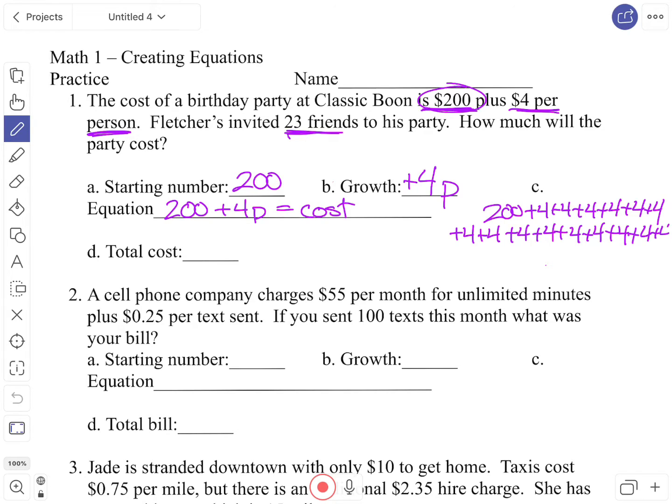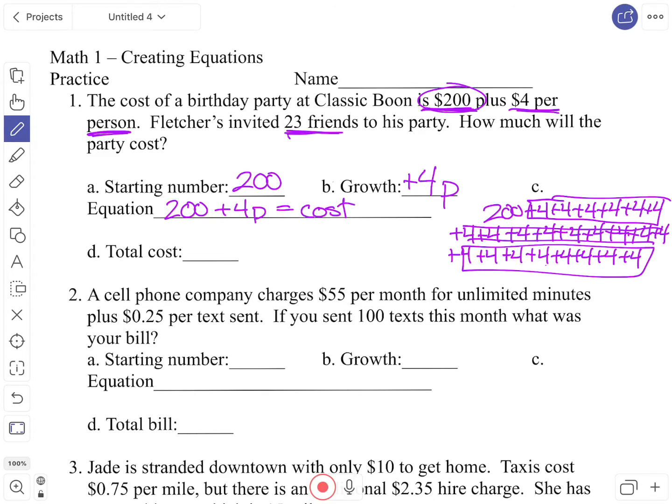Now, I really don't want to do it this way, do I? And so that's why for that repeated addition, we use multiplication.